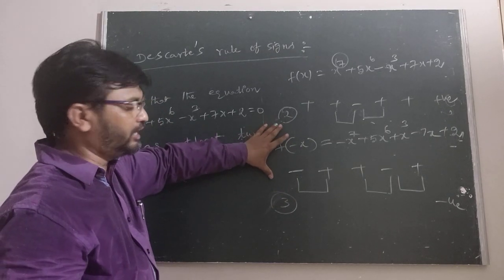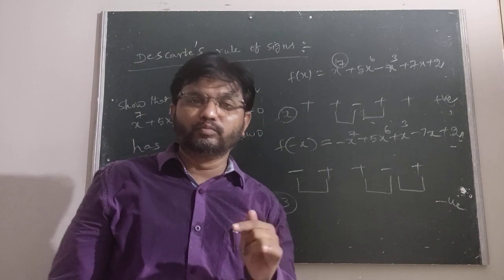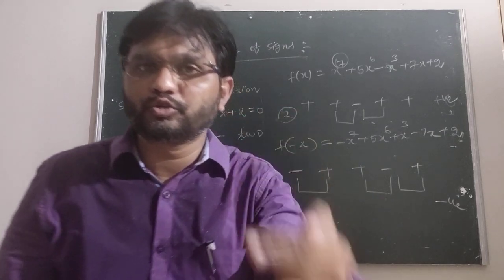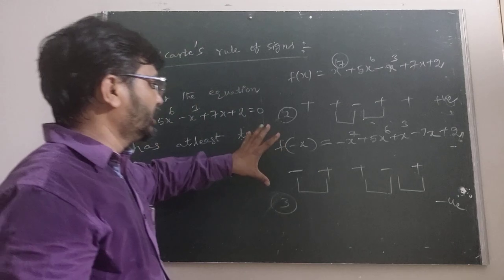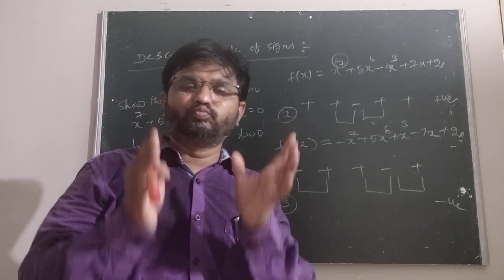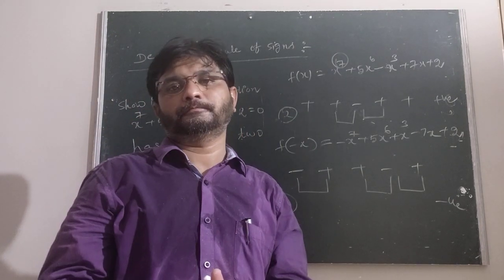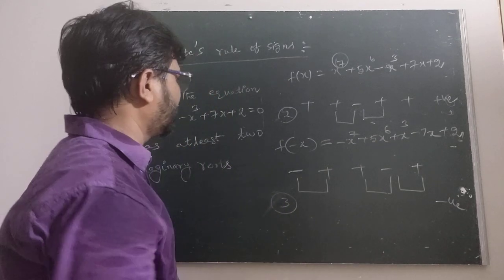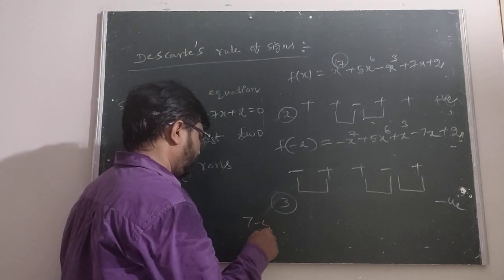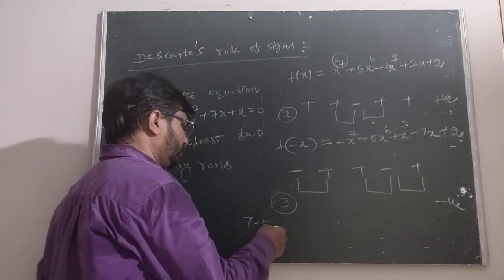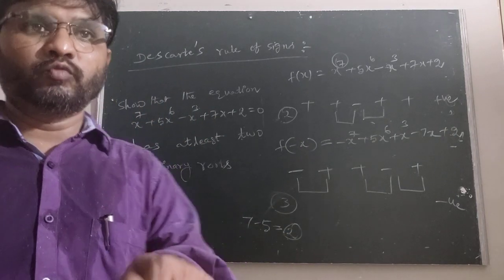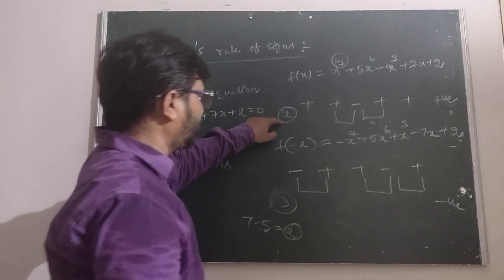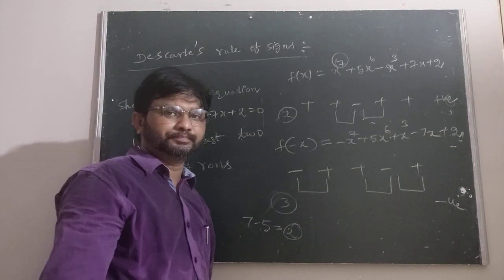How many real roots are here? 5 real roots, in which at most 2 positive roots and at most 3 negative roots. Therefore we observe at most 5. Then you can write 7 minus 5, which is 2. That is the least.